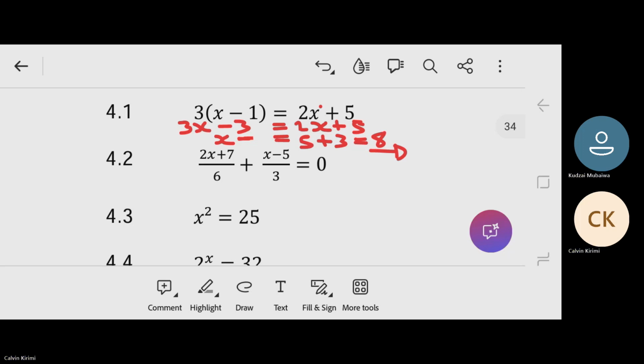The lowest common multiple of 6 and 3, or LCM. That is the number you always multiply by. If you want to get rid of the fraction, you multiply by the lowest common multiple of the denominators. Multiply each term, each fraction, by that.